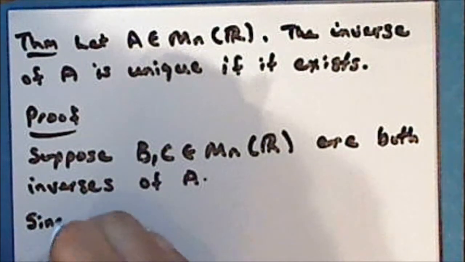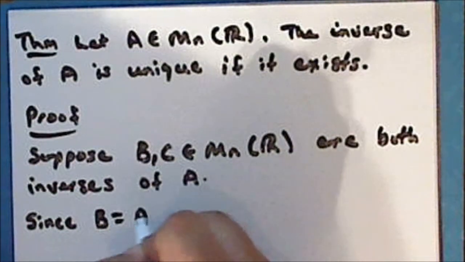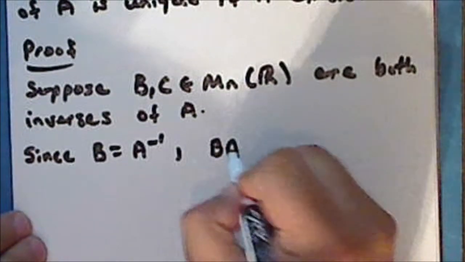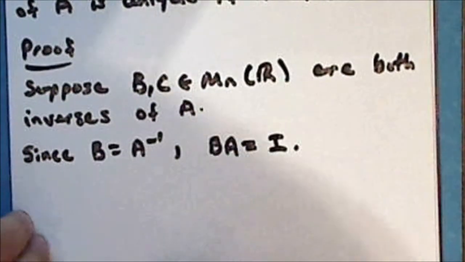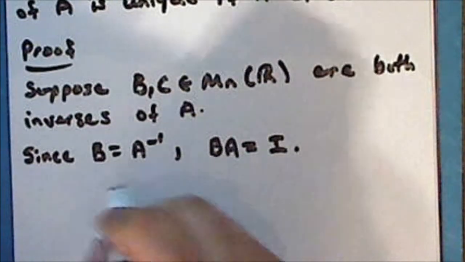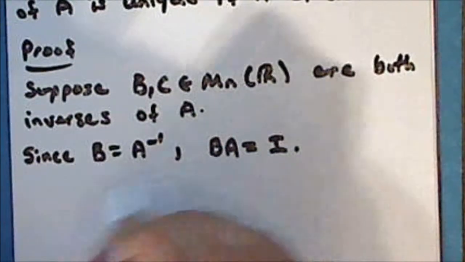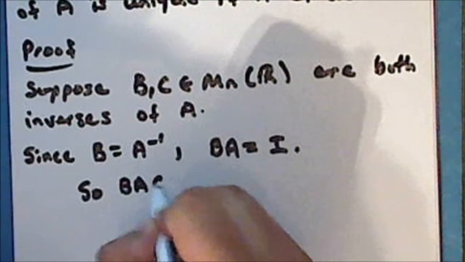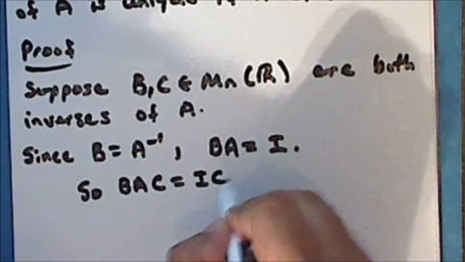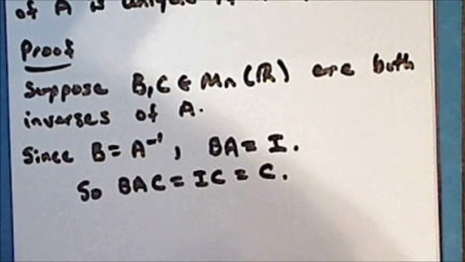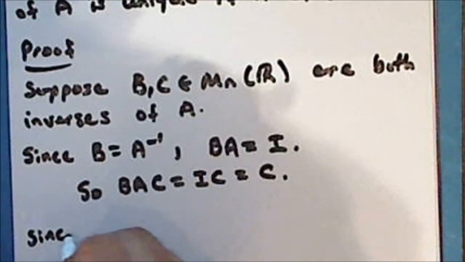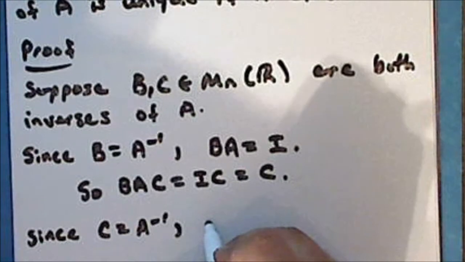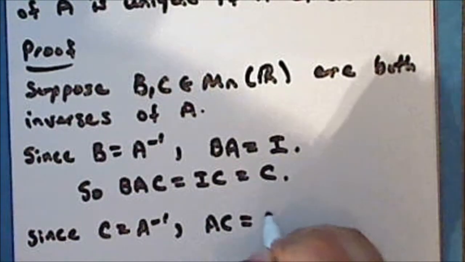Then, since B is the inverse of A, we have that B times A is the identity matrix. And so if we post multiply both sides by C, we have that the product B times A times C is the identity times C, which is the matrix C. Now, since the matrix C is the inverse of A, we have that A times C is the identity.